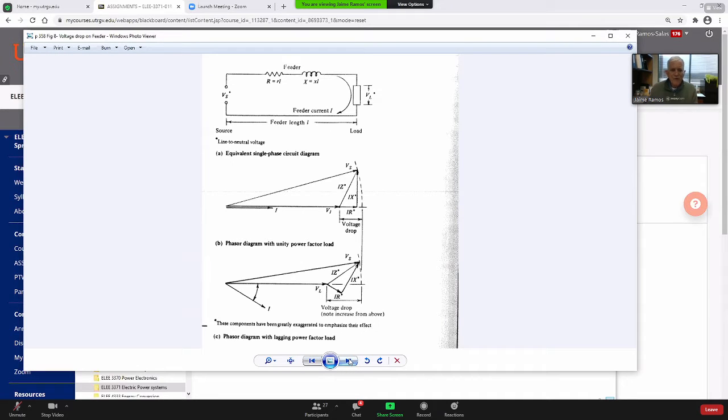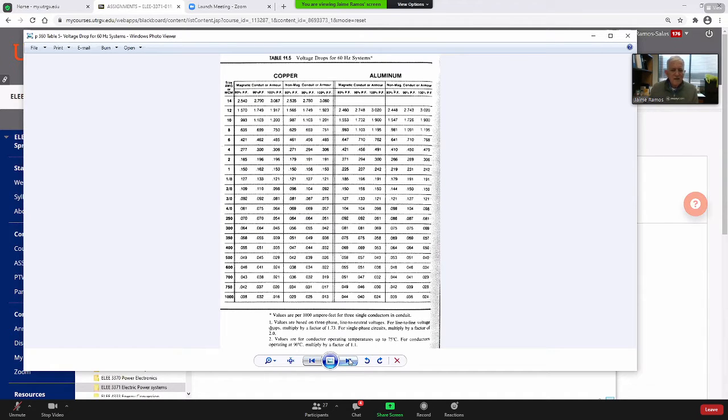Now for voltage drop, the system of conductors is represented by the distributed resistance and the distributed reactance. Then we will use this table for that.